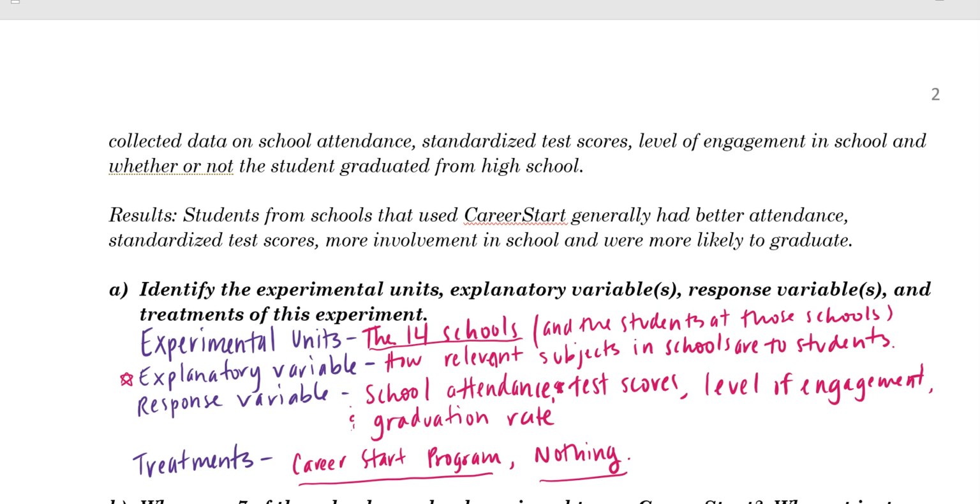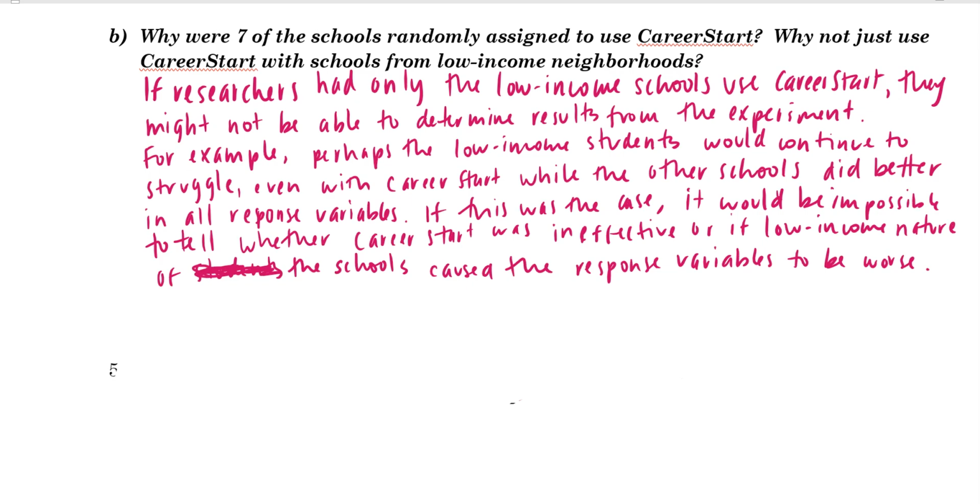But it says, why were 7 of the schools randomly assigned to Career Start? Why not just use Career Start with the schools from low-income neighborhoods and call it a day? So again, pause, answer that if you haven't already, come up with an idea, and then we'll chat. Okay. Sorry, people, pen is not working, so this is going to be choppy, but go with me here.